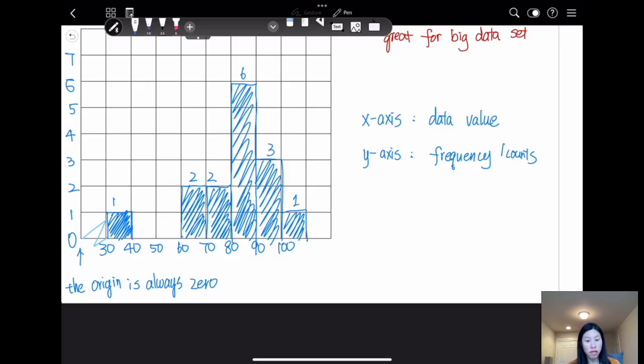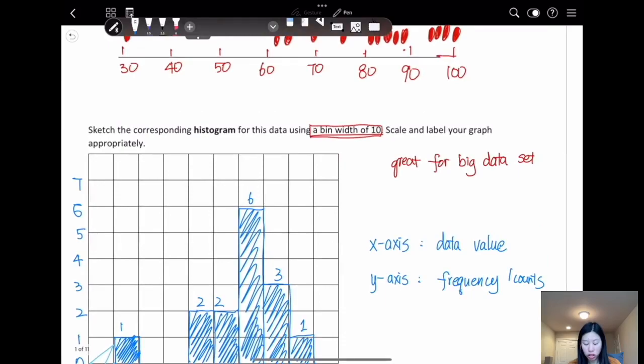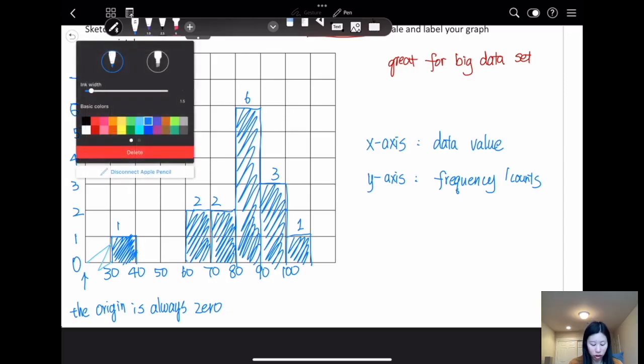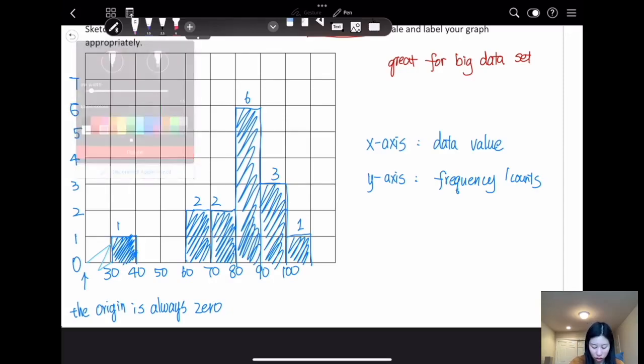Okay, so now you may have a question. Why do we draw the 100 on the right-hand side instead of the left-hand side? I'm going to use a different color of pen and put it in here. Since 90 to 100, I can consider 100 to be in the range of 90 to 100, and this is 4.